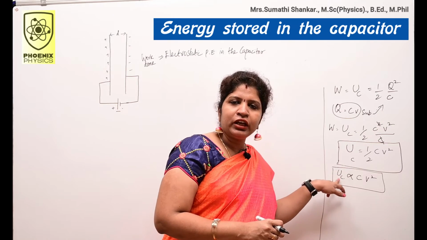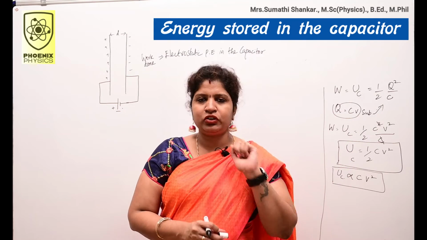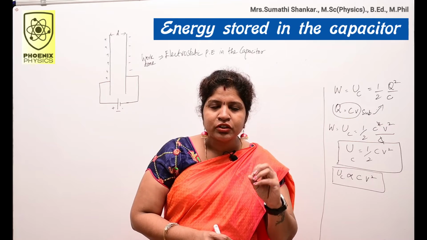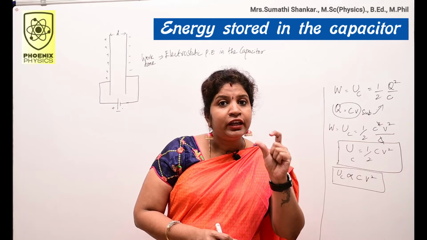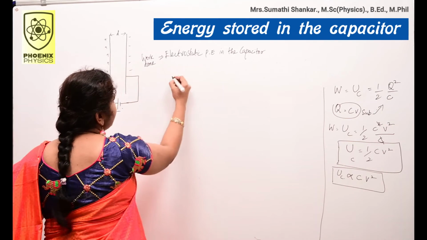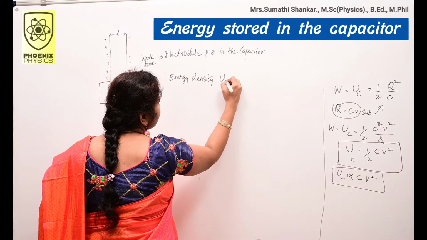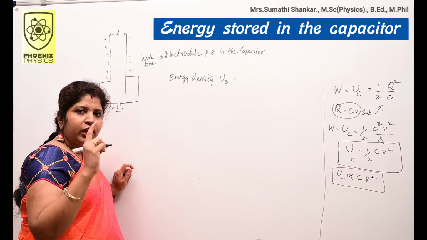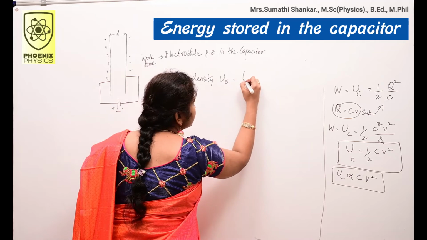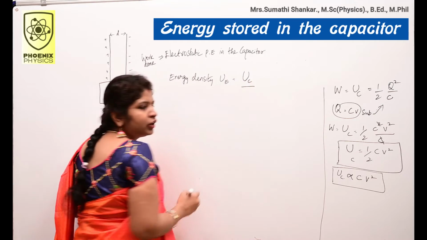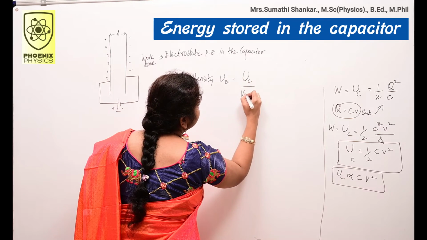Where is this energy stored in the capacitor? For this we have to find energy density. Energy density UE is nothing but energy stored in the capacitor by volume.